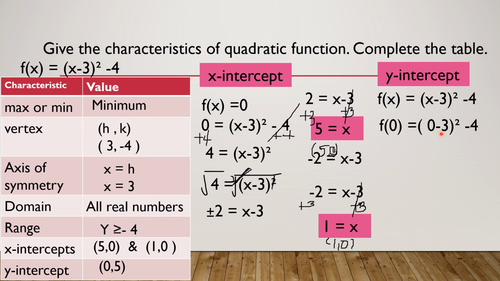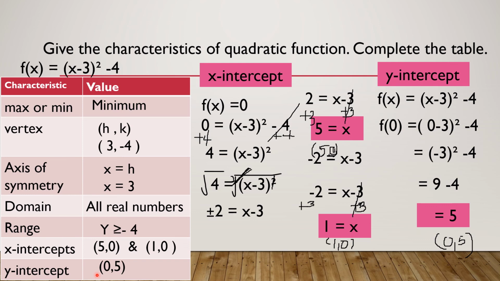So this is now negative 3 squared, and that is equal to 9 minus 4, that is 5. So f of 0 is equal to 5, and this is now the y-intercept. So we have now 0 is x, and 5 is y. So the y-intercept is here 0, 5.